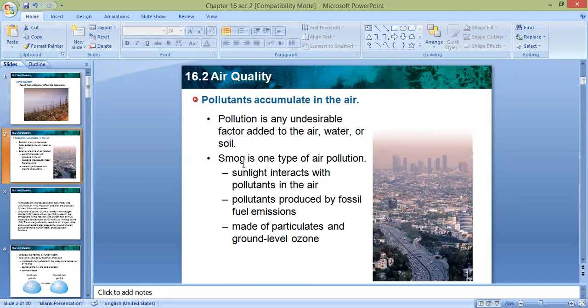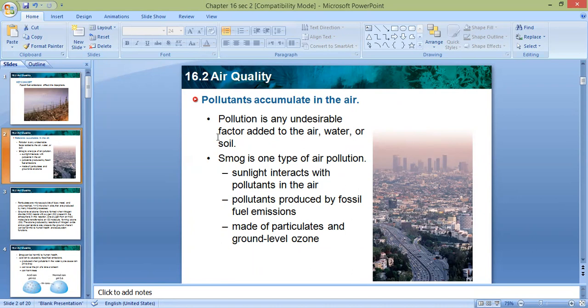I have air pollution, and I have more than one type. One type of air pollution is smog. Okay? It is one type of air pollution. How does this form? How does it happen? From sunlight when it interacts with pollutants. We said that when we burn fossil fuels, gases come out, these pollutants.